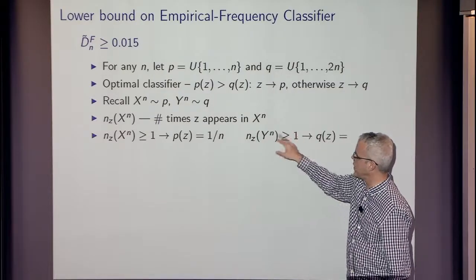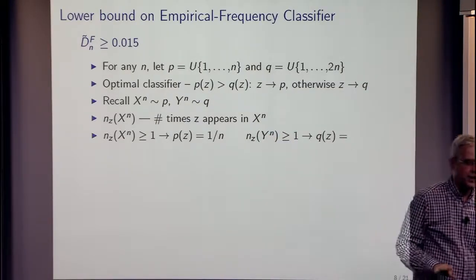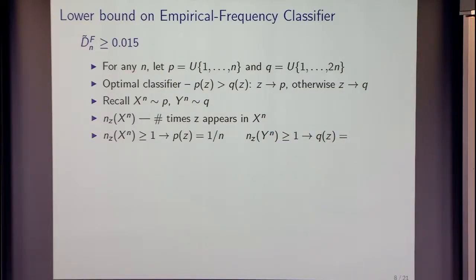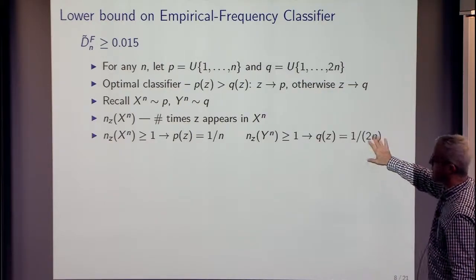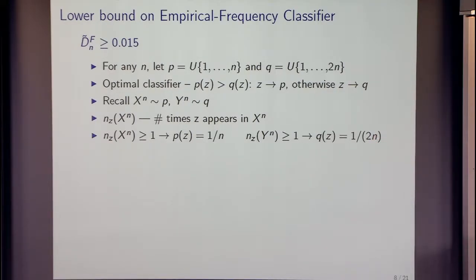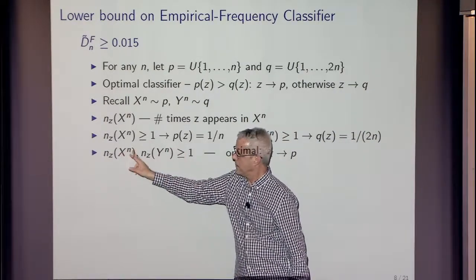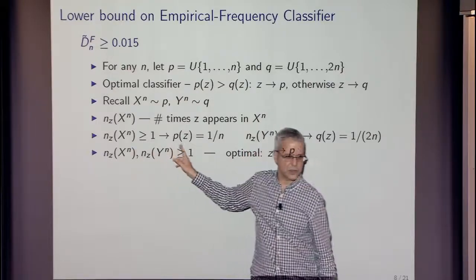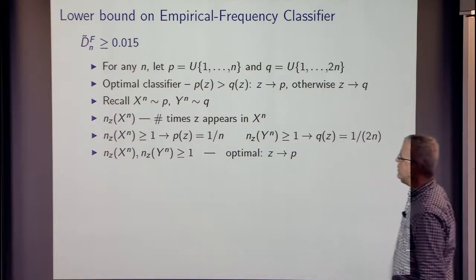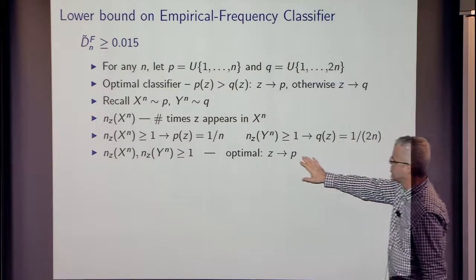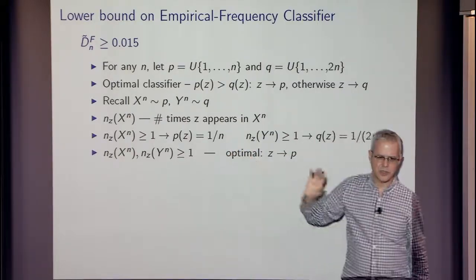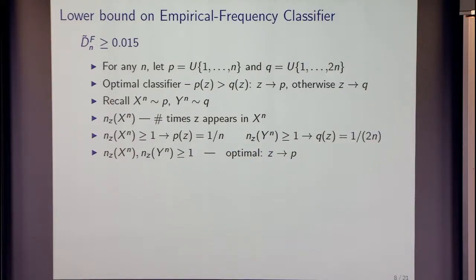If z appeared in Y^n more than once, namely z appeared in Y, that means that Q of z is 1 over 2n. Therefore, if you have an element that appeared in both of them, appeared in X at least once and appeared in Y more than once, then you should associate it with P, which makes more sense because P gives a higher probability.